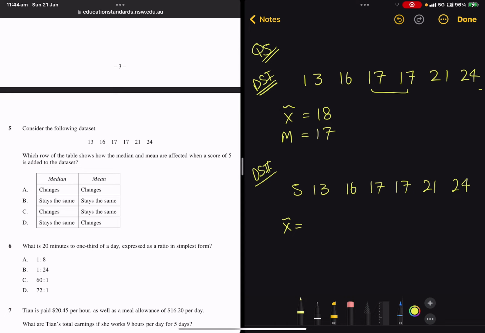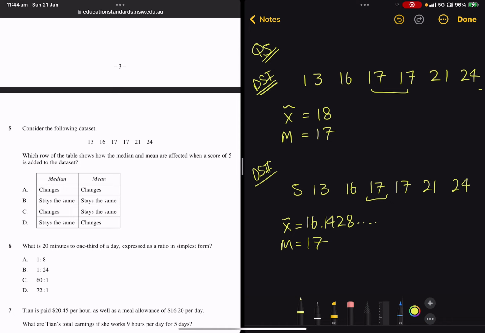This gives us 16.1428..., so 16 and a bit. But the median is still the middle score, which is actually still 17. There's now just one value in the middle. It's 17. So the median hasn't changed.